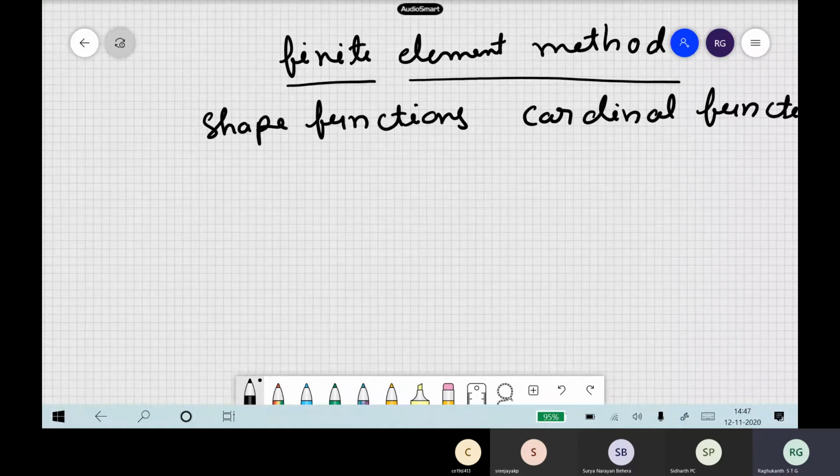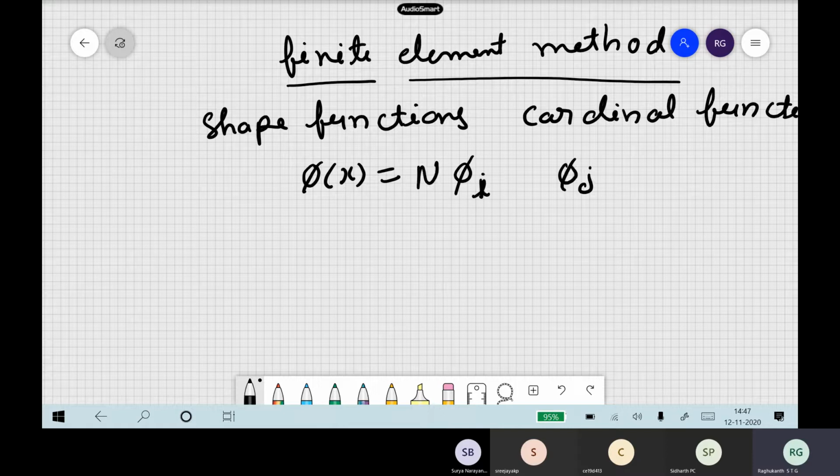At the nodes it will be 1, at other nodes it will be 0. That is the property, but the main advantage is that the displacement field, whatever function you have, is represented in terms of the end values only, phi i, phi j. So you can directly represent the function in terms of its end values.